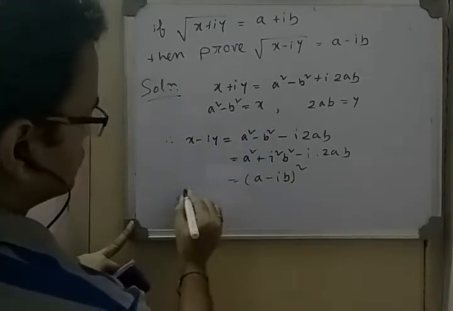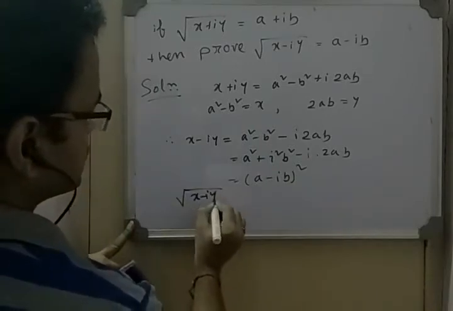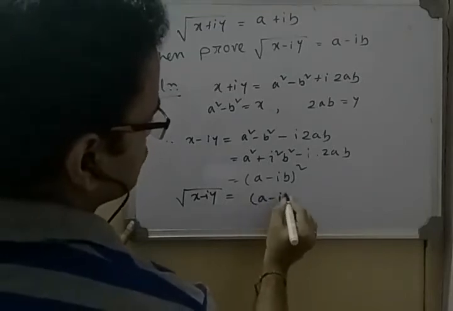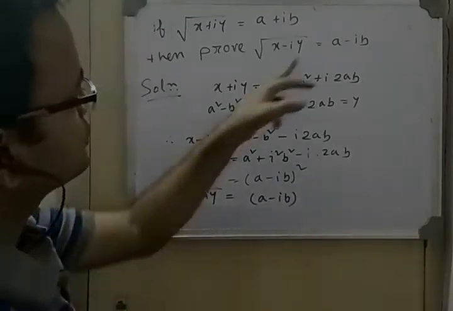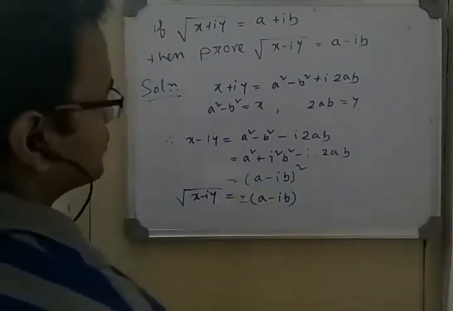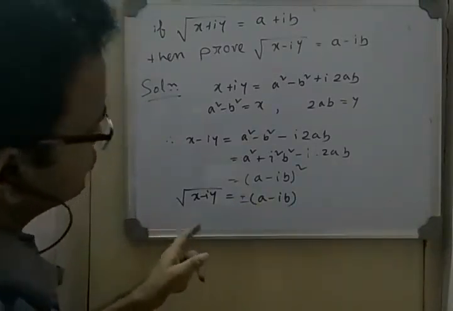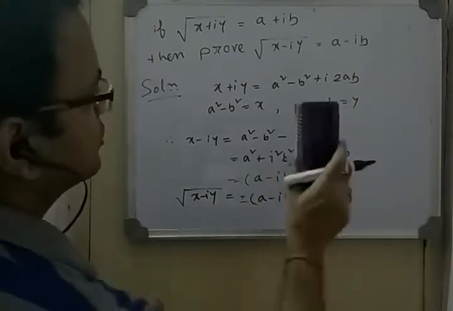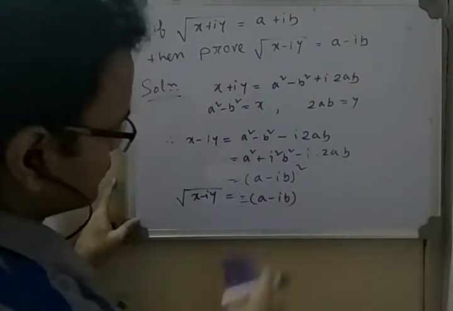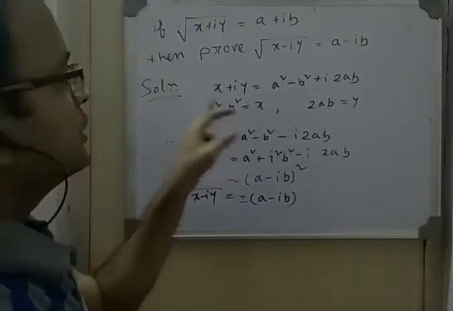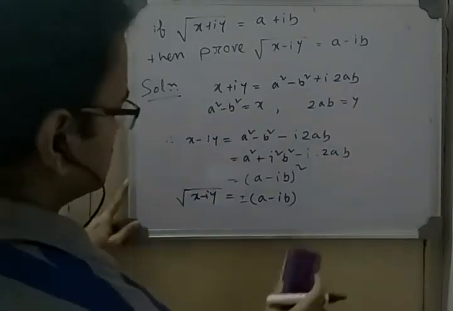So this is, so root over of x minus iy is what? Actually it is plus minus. So one value is this, so this is proved. You can write plus minus, then you will prove. So the one value is a minus ib, so this is equal to a minus ib, so this is proved. This is from a general concept of equating both sides, real equal to real and imaginary equal to imaginary.